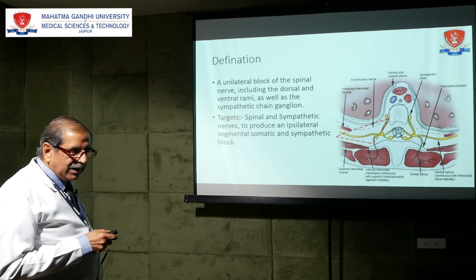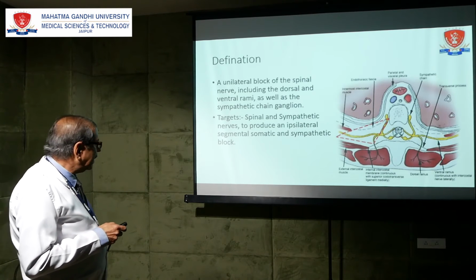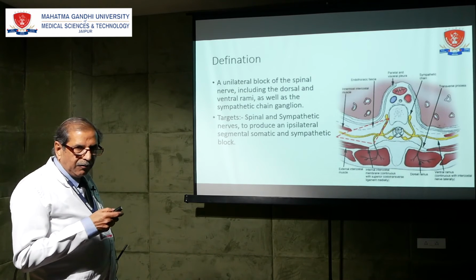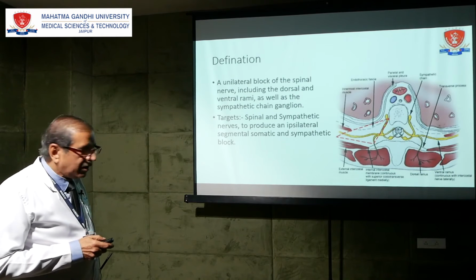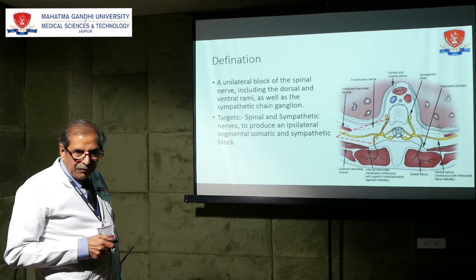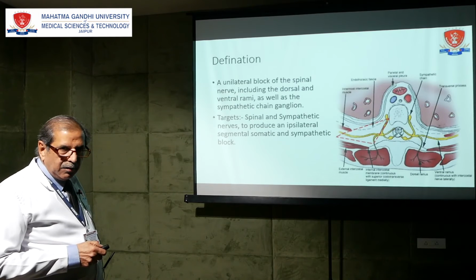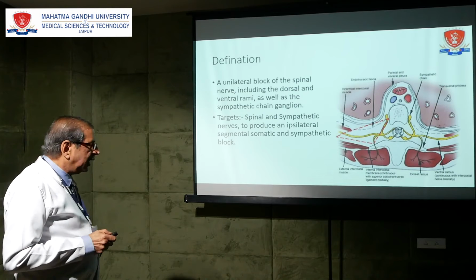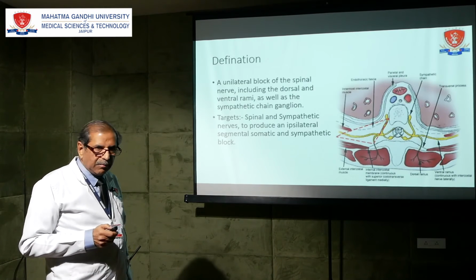So, in cervical region we have cervical nerves, deep cervical block, which is a somatic block, and we have stellate ganglion block, which is a sympathetic block. Similarly, in lumbar region we can have lumbar plexus block, which is a somatic block, and celiac plexus block, and lumbar sympathetic block is the sympathetic block.